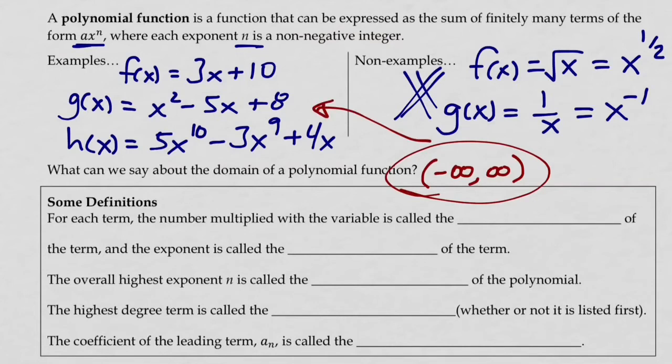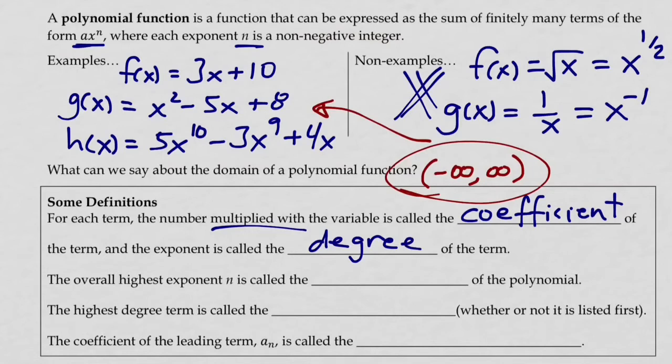So there's some terminology that I should mention related to polynomial functions. The number that's multiplied with the variable is called the coefficient, and the exponent is called the degree. So for each term, we can identify a coefficient of the term and a degree of the term.